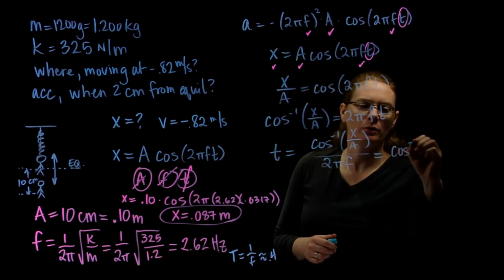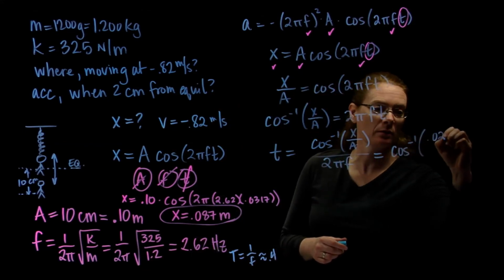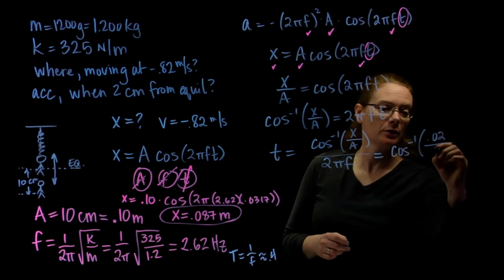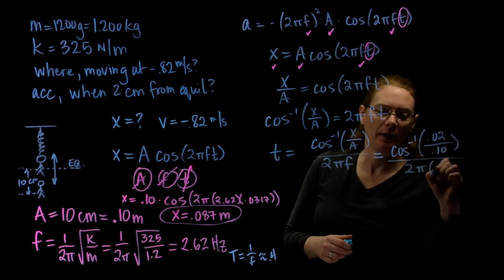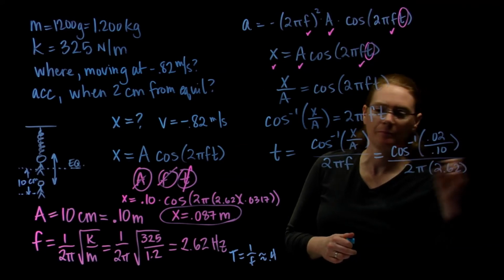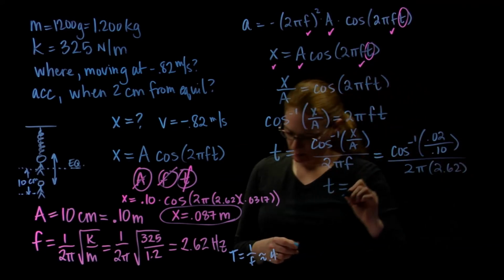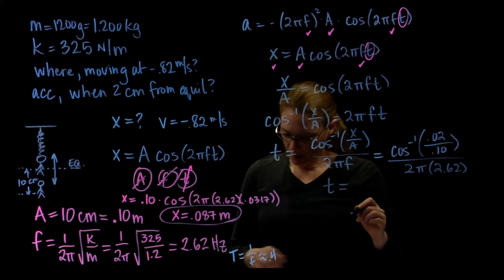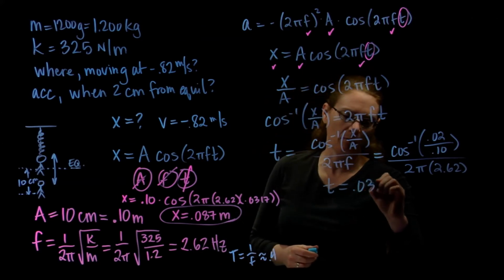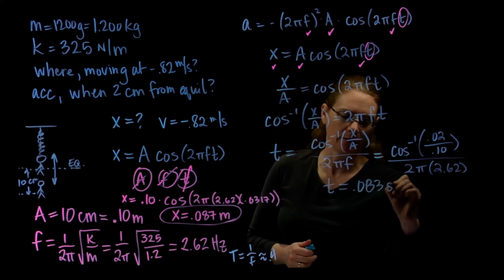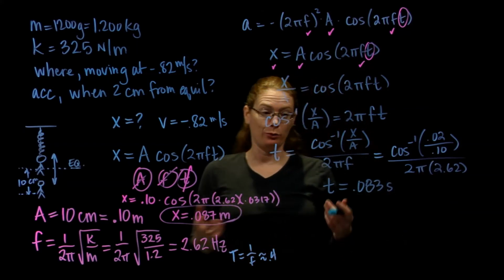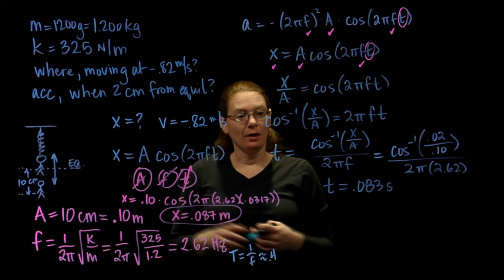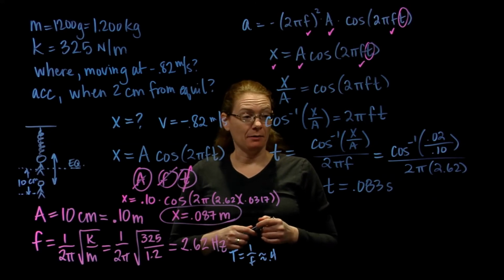So inverse cosine of x, which is 2 centimeters, careful, we need to convert to meters, over amplitude, all over 2 pi times my frequency. So when I do that, I get a time of what? 0.083 seconds. And again, it's pretty short, but the last time we got 0.032 seconds, so I'm going to say it's reasonable.